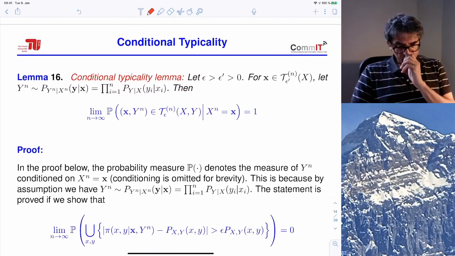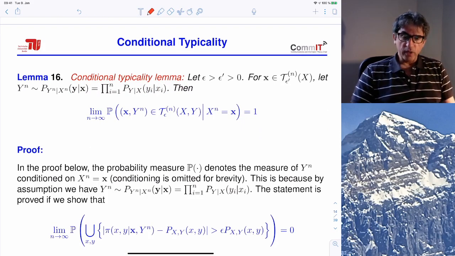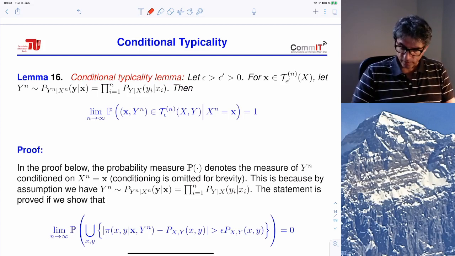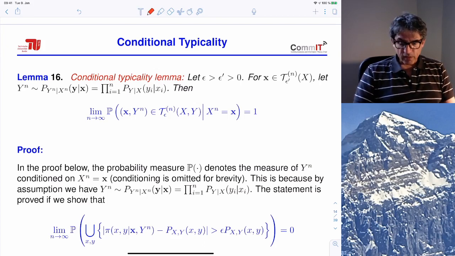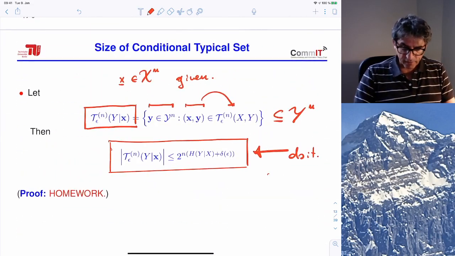Here is another lemma, which is a bit more complicated to prove, and therefore we do it explicitly: the so-called conditional typicality lemma. First of all, the idea is the following. Suppose that I take an x typical. In this case, x is given and it can be anything.